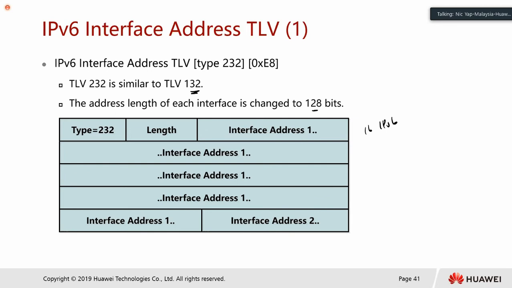And when it is hello, it is always point to point. They will just send a link-local address. For a normal LSP, for LSP information, they will include all the non-link-local addresses. For hello, they will just send the link-local address.